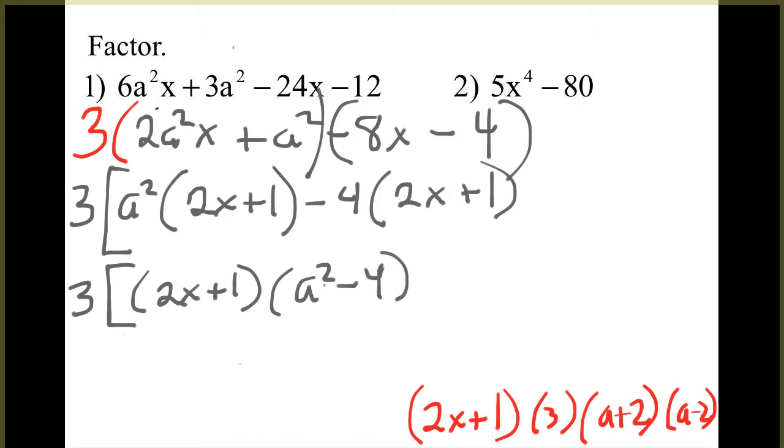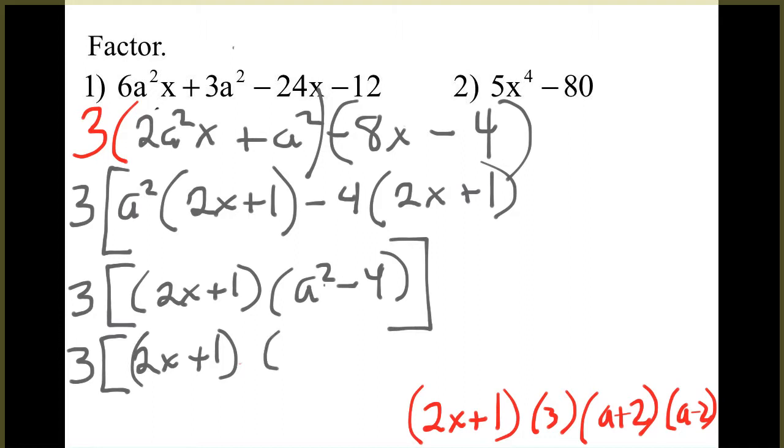One thing that I'm worried about in the other situation is that you don't factor it completely, so you can pull out that GCF down lower. So our answer ends up being 3 times the quantity of 2x plus 1 times a plus 2 times a minus 2, and we are completed.